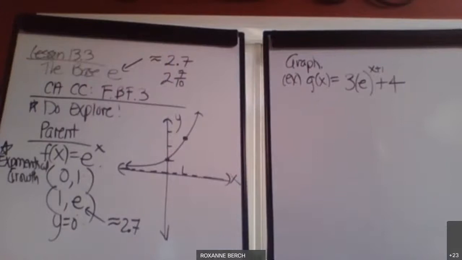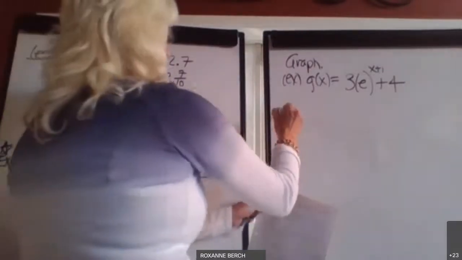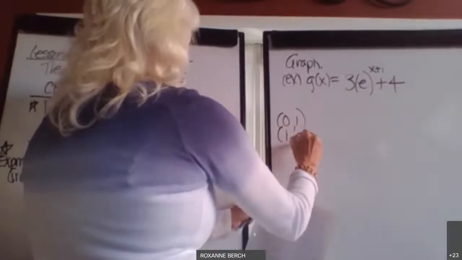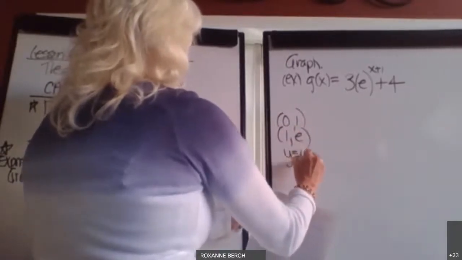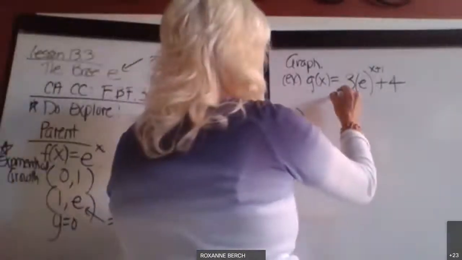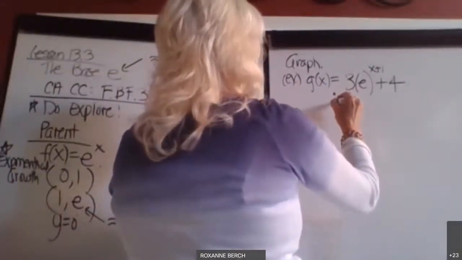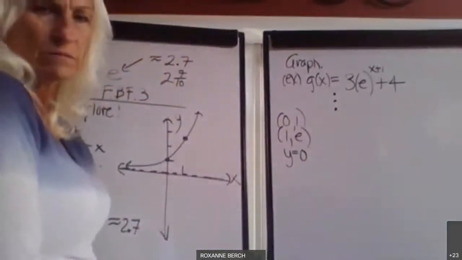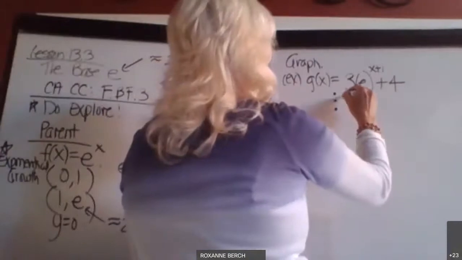Well, this is the parent, so we already have the points: 0 up 1, right 1 up E. And we have a horizontal asymptote at y equals 0. State the transformation. It would be left 1, vertical stretch of 3, and up 4.